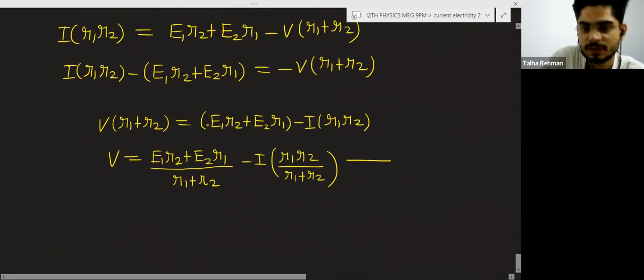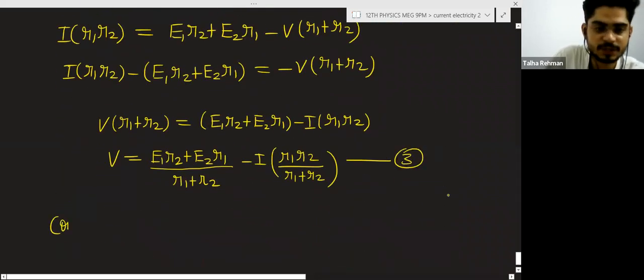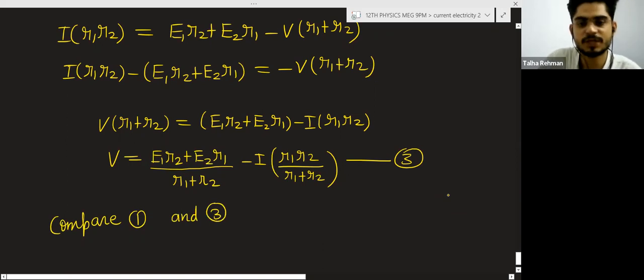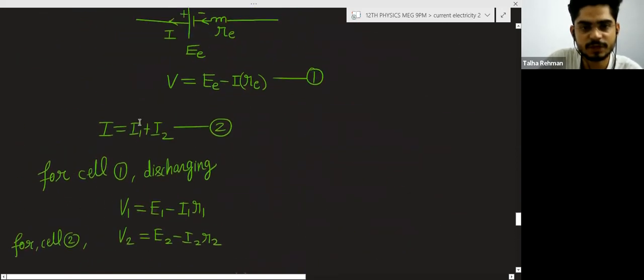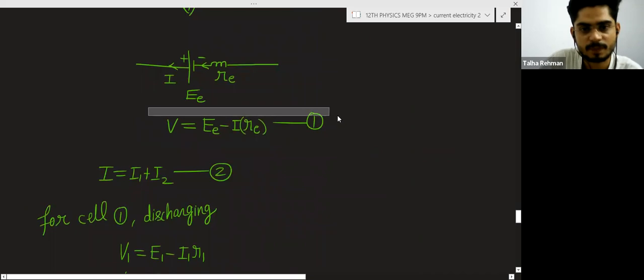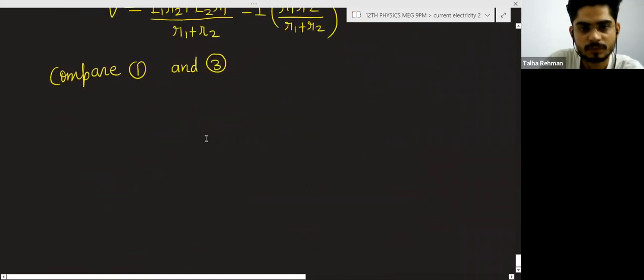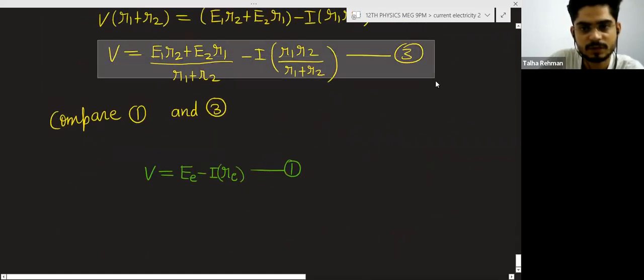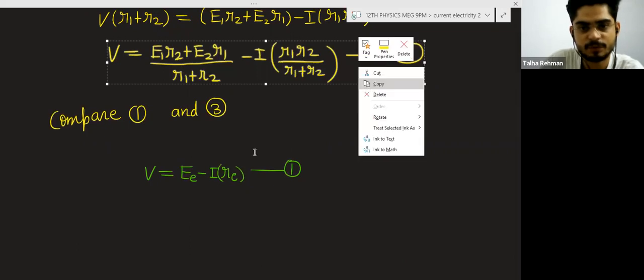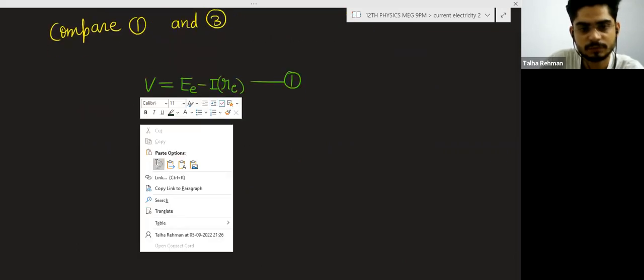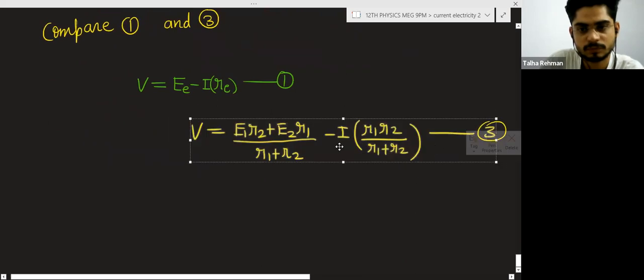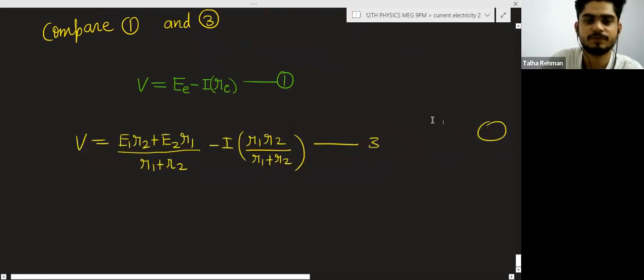Now compare equation 1 and 3. What is equation number 1? Equation number 1 is this, and this is equation number 3. Now you can compare both equations.